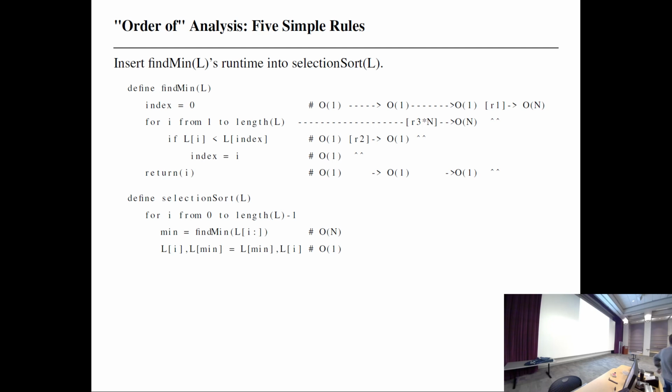You see that? The first time through it's 10, then it's 9, then 8, then 7, and all the way down. But in order of analysis, because I'm interested in the worst case, the way to handle this is to say, how big can this be? And the answer is, the biggest it's going to be is order n. And just use the largest size.